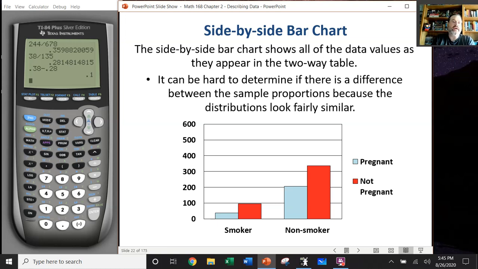Just looking at this graph, you can see that the distributions look fairly similar. If I asked, do you think that non-smokers would have an easier time getting pregnant? You really can't tell just looking at the graph, right? But again, this shows us all the data. All of the numbers here are the same numbers that were in the table.